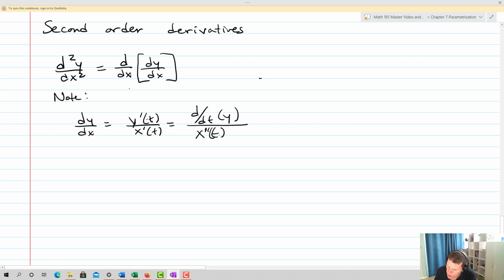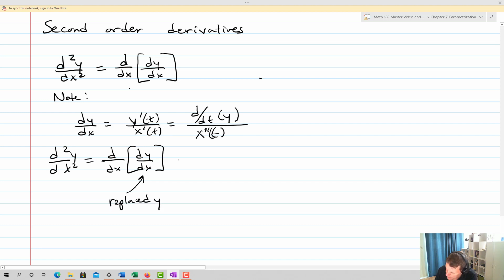Okay? So what we'll do for d squared y dx squared is this is just going to be d dx of dy dx. And just like we replaced y here, we're going to do the same thing in dy dx inside of this other one, the parametric derivative.